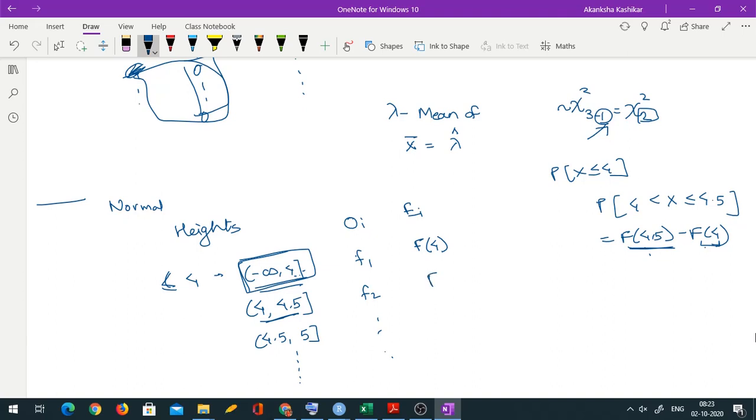So this would be F at 4.5 minus F at 4, and so on. These give you expected probabilities. You want expected frequency, so you multiply by the total number of observations. And you again compute (OI minus EI) whole square upon EI.